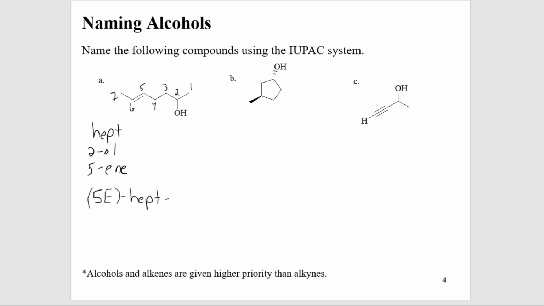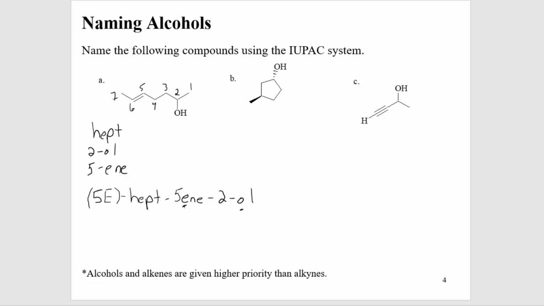Hept. And you can write 5-ene, 2-ol. E is before O. So alphabetically, we put the functionalities in their alphabetical order.